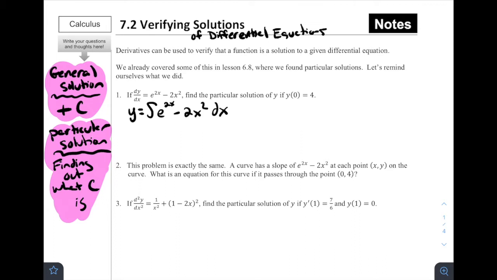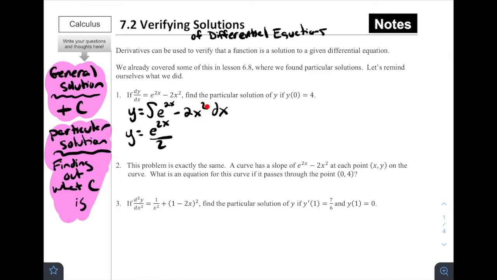But if we take the antiderivative, we're going to do essentially the opposite of that. So instead of multiplying by 2, we're going to actually end up dividing by 2. And we're going to say this is e to the 2x, right? It stays the same, but we're going to divide by that derivative of 2x, which is 2 here. Next, we're going to move on to this negative 2x squared part. Here we can just use our power rule, where if we're doing an antiderivative, we add 1 to that exponent.